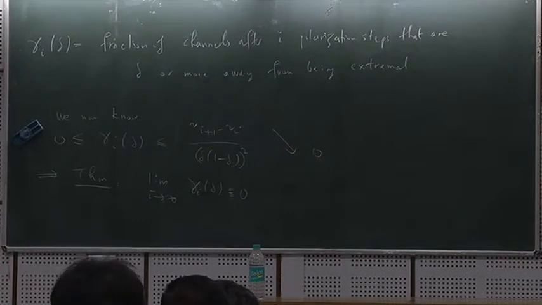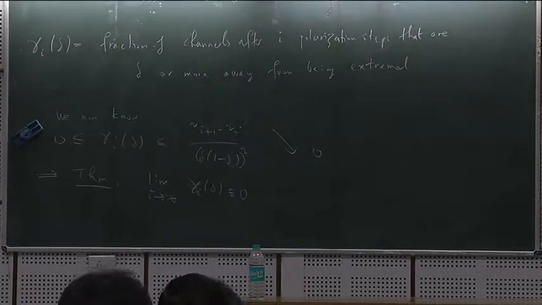If I make I long enough, if I make enough polarization steps, I'll be sure that the fraction of channels which are not polarized yet is going to be very small, as small as I want, as I make the polarization steps go to infinity. Okay? All right.